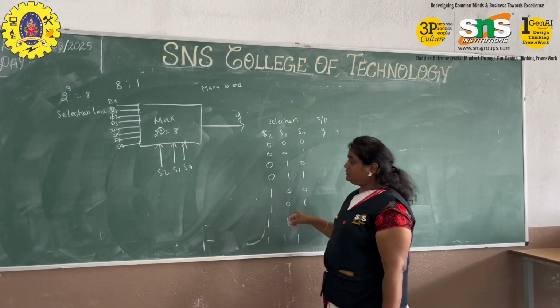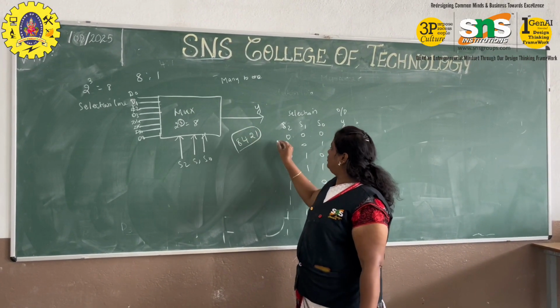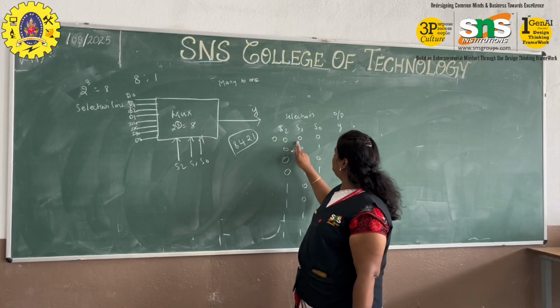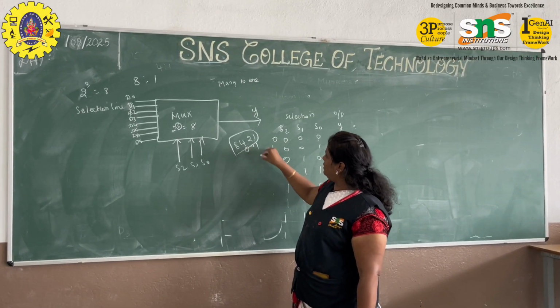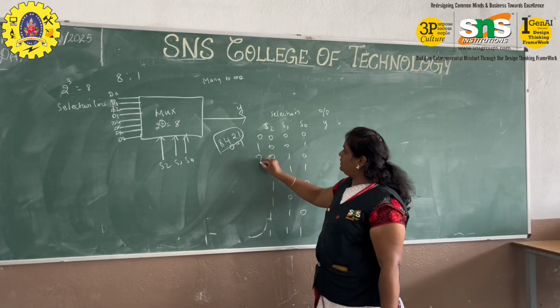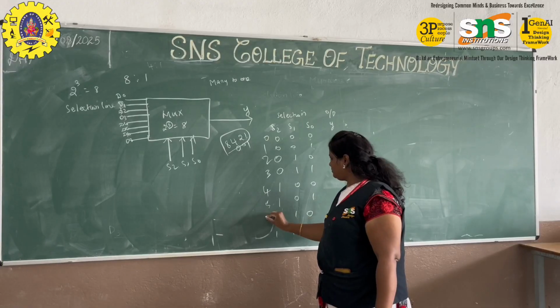If you don't know how to write this, you can use the 8421 weights. For 0 there is no value, so 000. For 1, it is 001. For 2, it is 010. Like that you have to put the values.